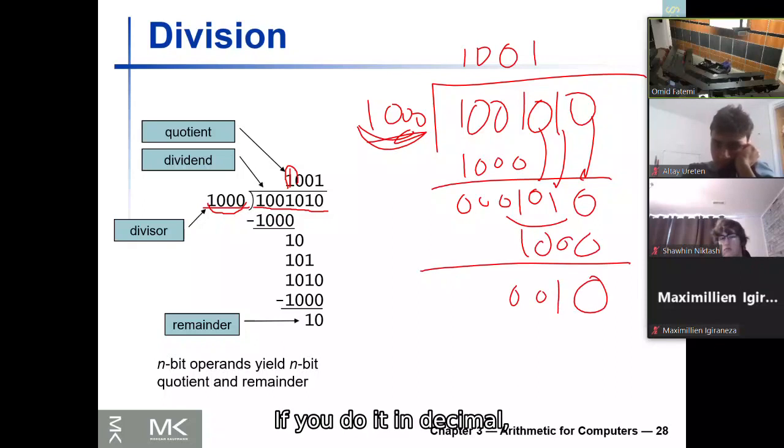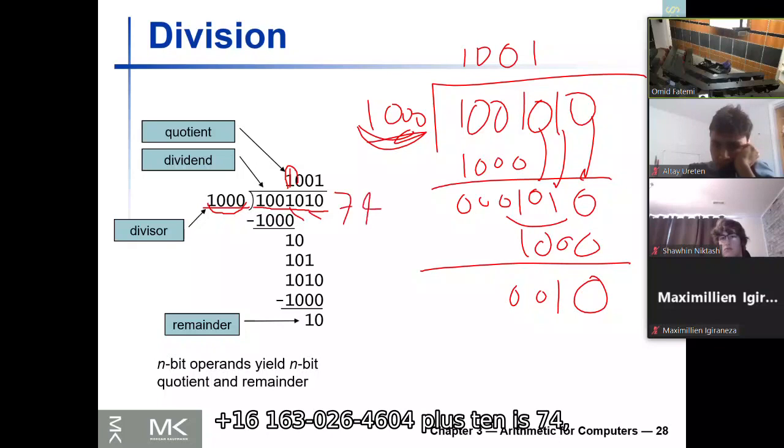If you do it in decimal, you know what we have done. So this is 2 plus 8, 10, plus 16, 32, 64. 64 plus 10, it is 74, if I am not mistaken. And the divisor is 8.